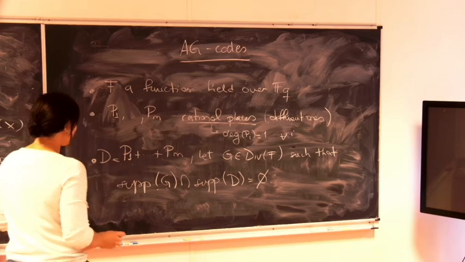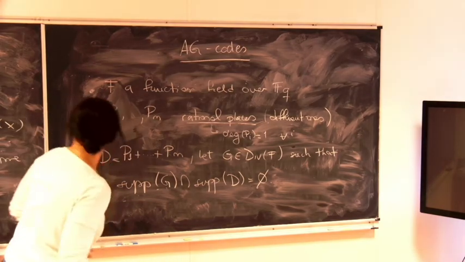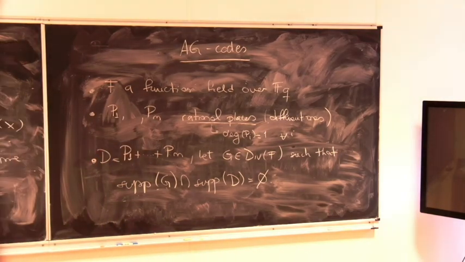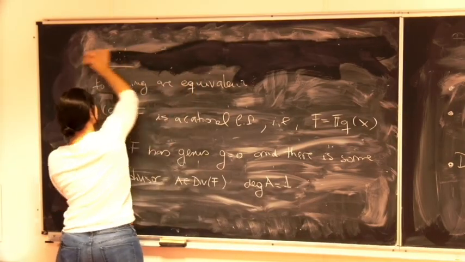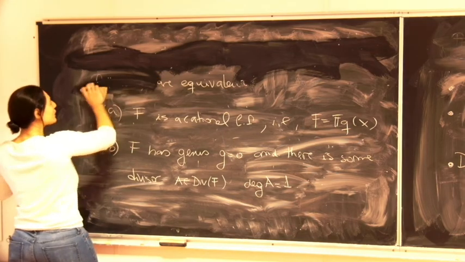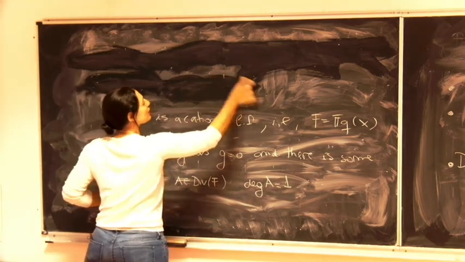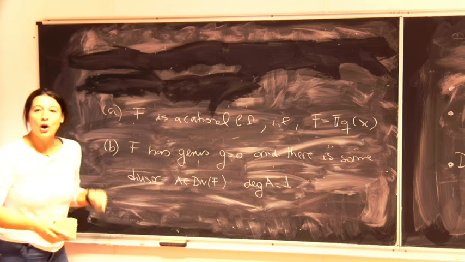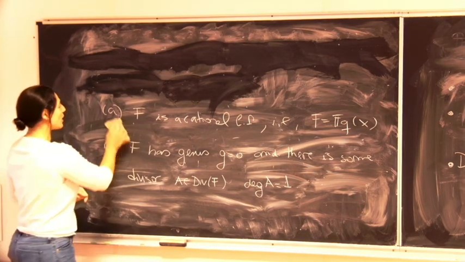And so the AG code is going to be the evaluation map of functions on the Riemann-Roch space of the divisor G on the rational places P1 to Pn.